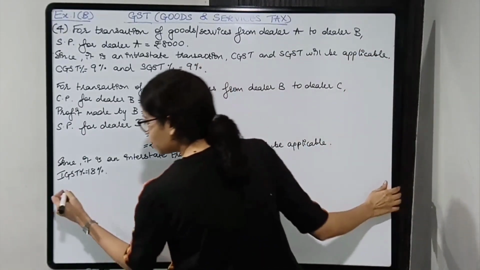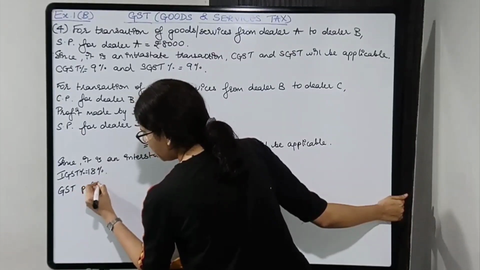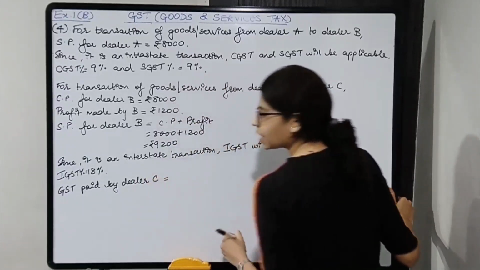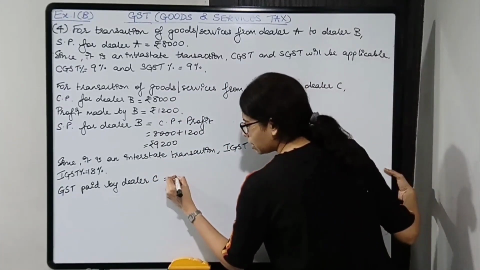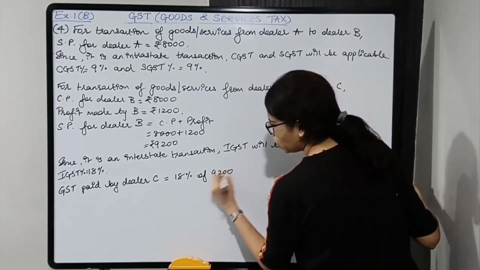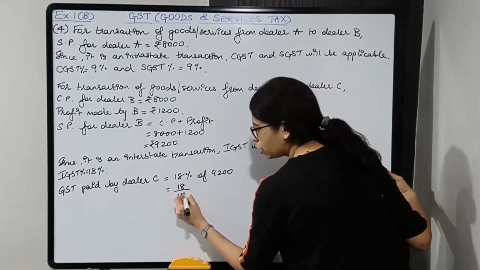So GST paid by dealer C, it will be 18% of 9,200. Okay, so it will be percentage है, so 18 upon 100.